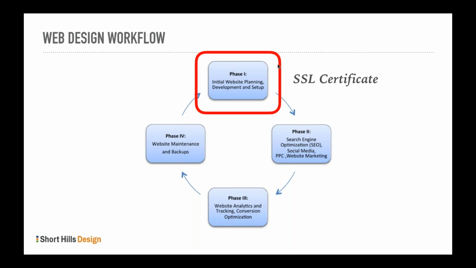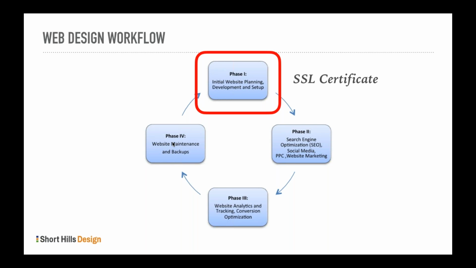The workflow is pretty straightforward. Phase one is setting up your website and developing a website to Google standards. And that's actually where the SSL certificates come in. Phase two is search engine optimization, social media, anything you do to drive traffic. So phase one, it's like building your website is building your office. Phase two, driving traffic to your website, same as getting people into your office, getting appointments scheduled.